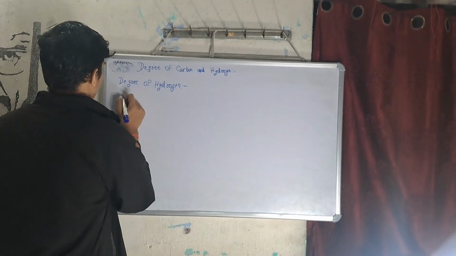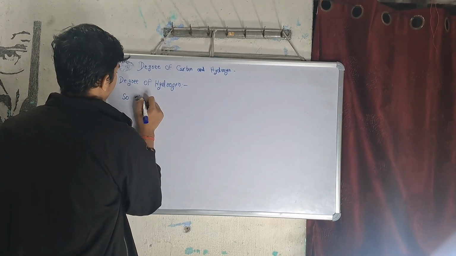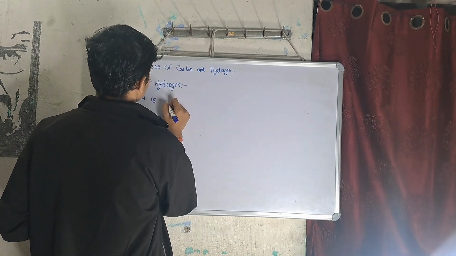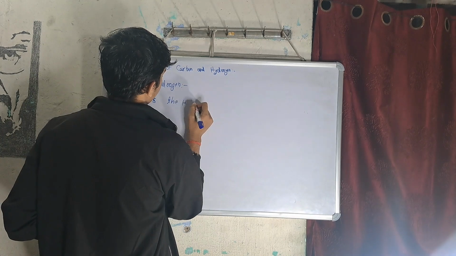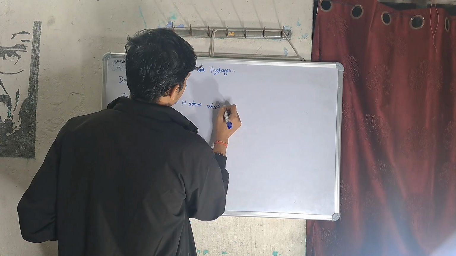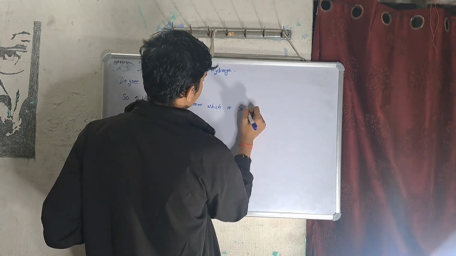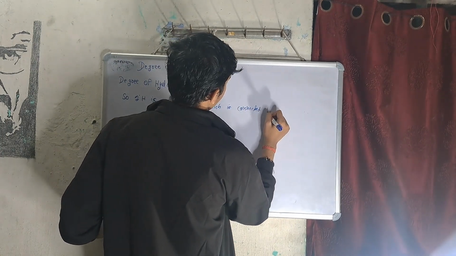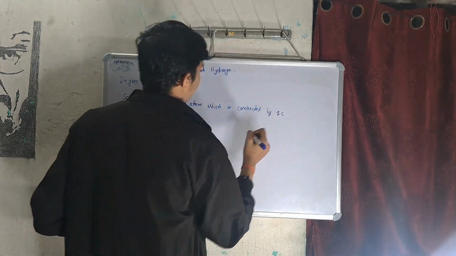So 1 degree hydrogen is the hydrogen atom which is connected to 1 degree carbon.